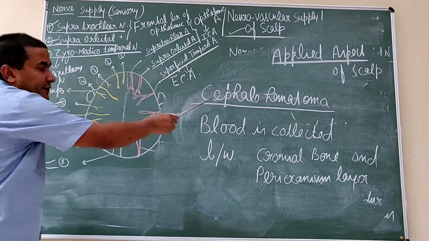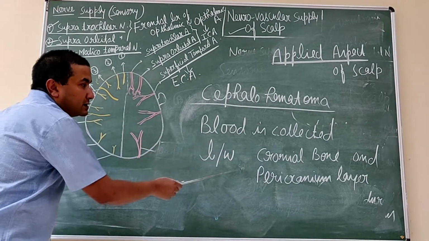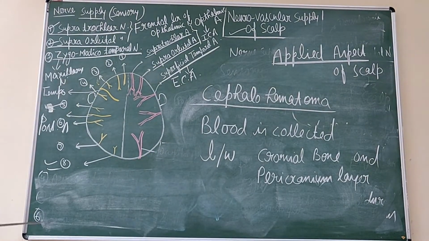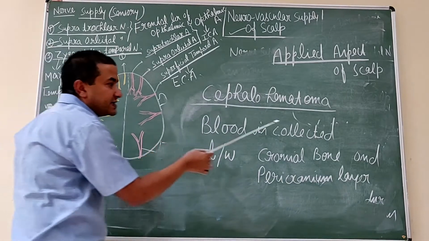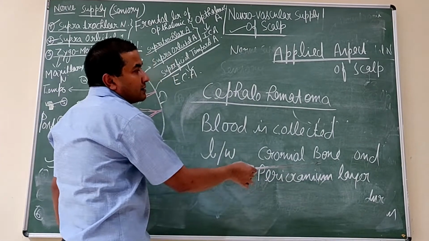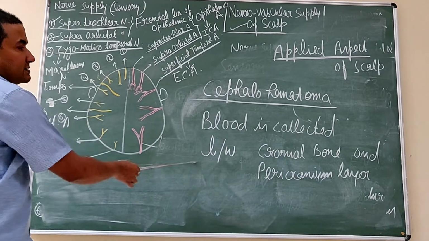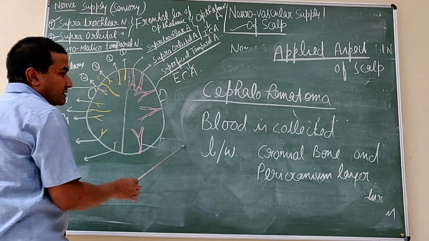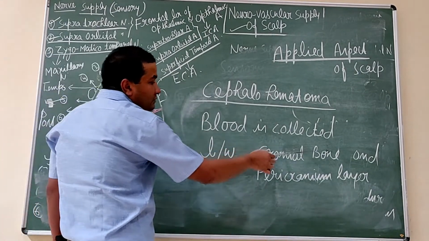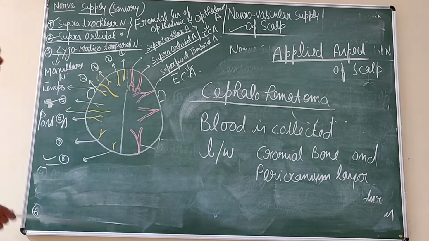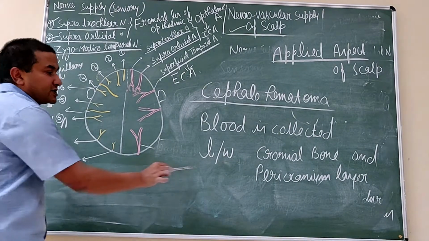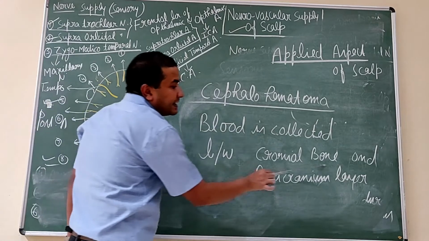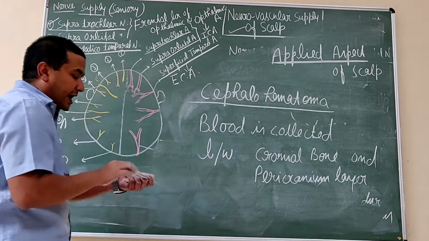This is due to the fracture of the wall of the skull, as a result of which, if meninges rupture and the bones fracture, the blood comes out and it is collected between the bones and the pericranium layer. One point must be clear: the pericranium layer should be intact.